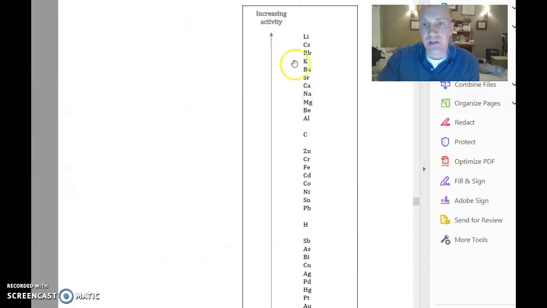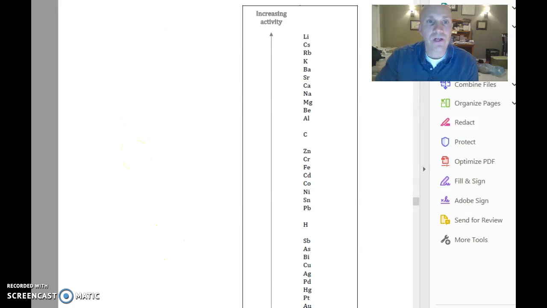All right. So theoretically, you could find any combination of a metal that's above another metal on this activity series, and we could make a half cell with one of the metals and a half cell with another one of the metals and create a battery.